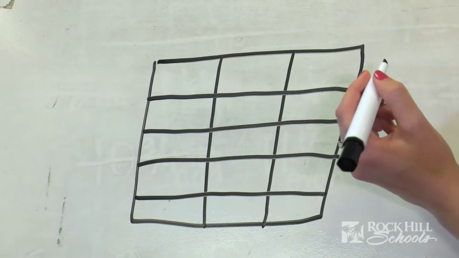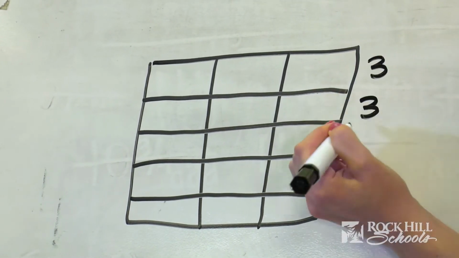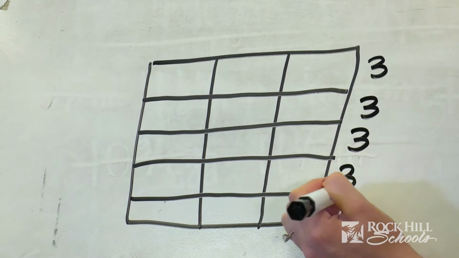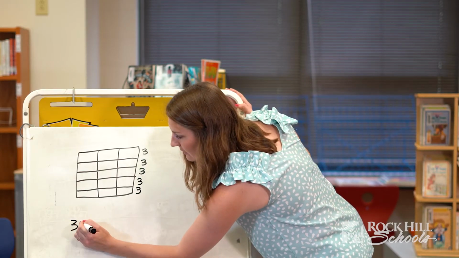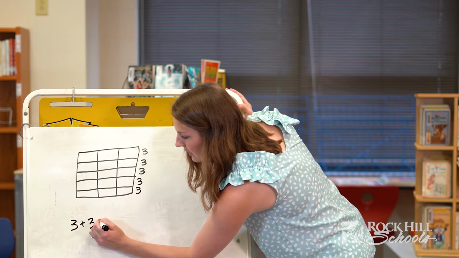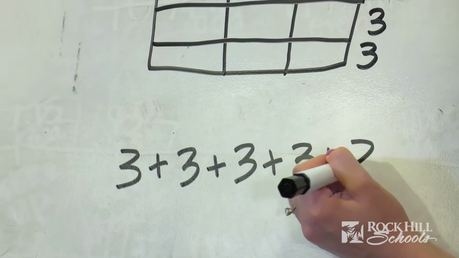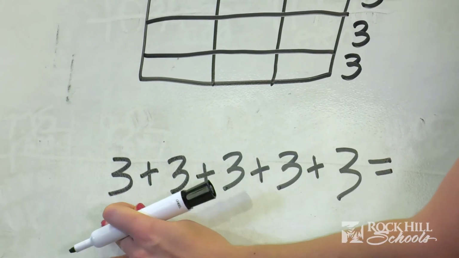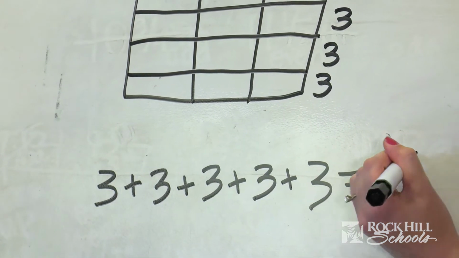So we are going to say we have 3, 3, 3, 3, and 3. So we are going to add all of that together. 3 plus 3 plus 3 plus 3 plus 3 equals 3, 6, 9, 12, 15.